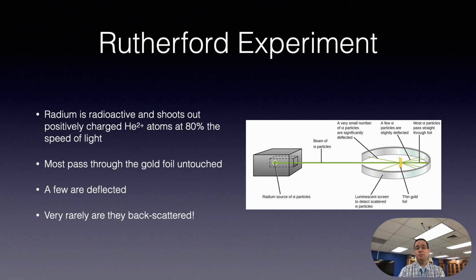Now, most of these pass through the gold foil untouched and reach the back of the screen and can be detected. Just a few are deflected at a small angle, and then very, very rarely is an alpha particle backscattered. Okay, so that's the experiment. That's explained in another video of mine in much greater detail, as well as the OpenStax textbook.